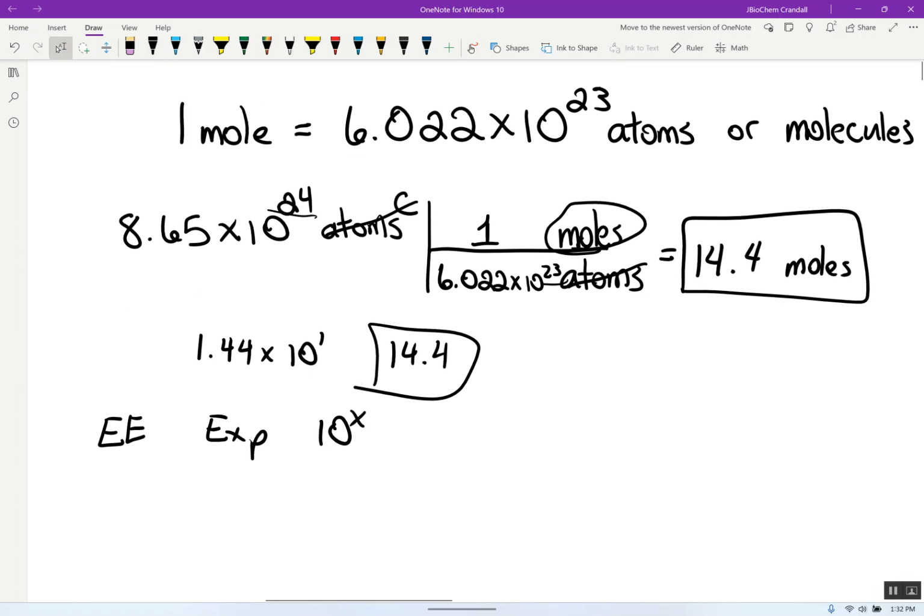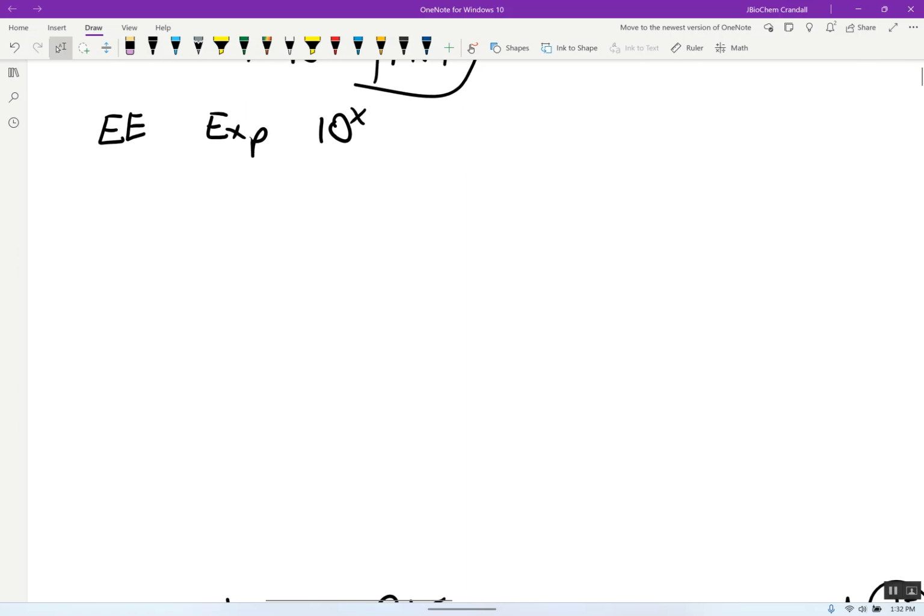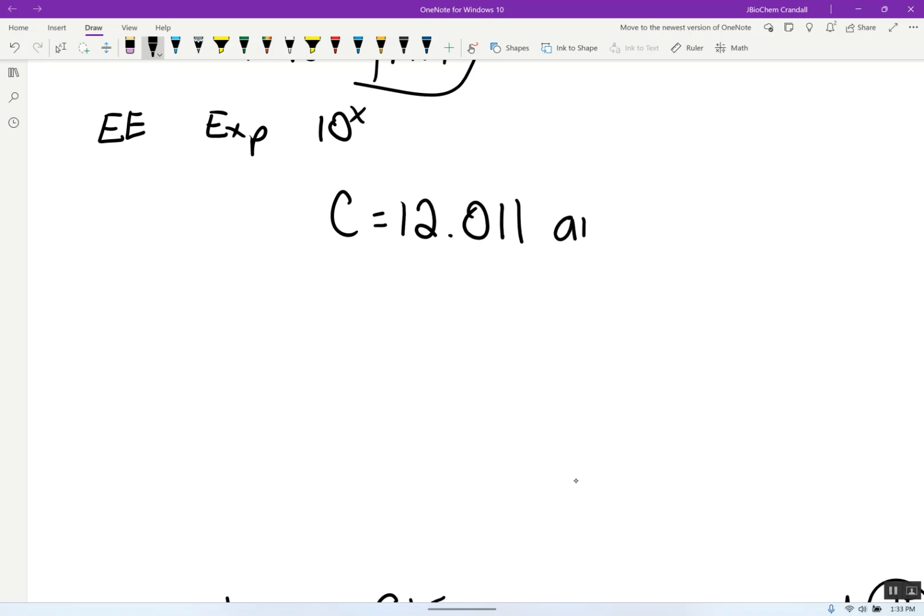So this is the mole. The other thing is that on our periodic table, there are masses. We've talked about those masses, right? The atomic masses. Like carbon has an atomic mass of 12.011, let's say. Carbon equals 12.011 atomic mass units.